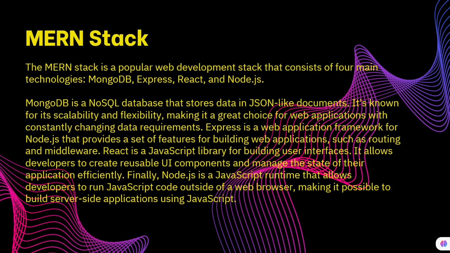Now, if we talk about the MERN Stack, it stands for four main technologies: MongoDB, Express.js, React.js, and Node.js. MongoDB is used for storing data in a JSON format, and it is scalable and flexible, making it suitable for applications with constantly changing data requirements.